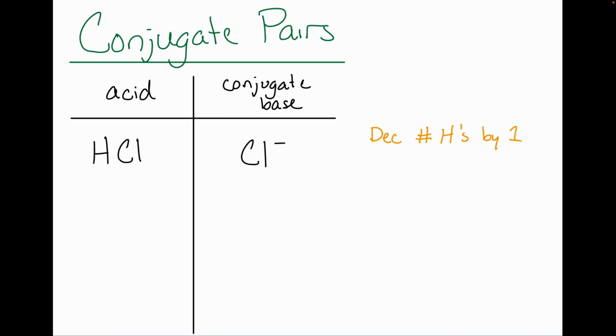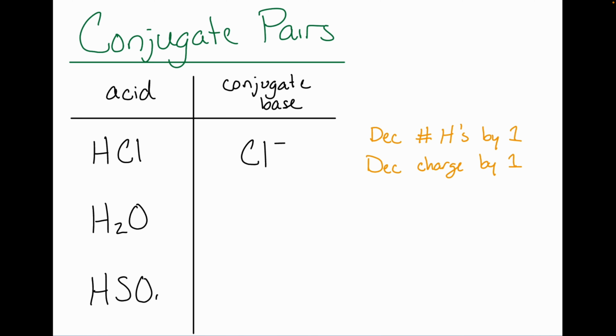But importantly, that hydrogen that it gave away had that positive charge. So we also have to decrease our charge by 1. All right, so then using this logic, everybody's going to take a second and give me the conjugate base of these following acids.